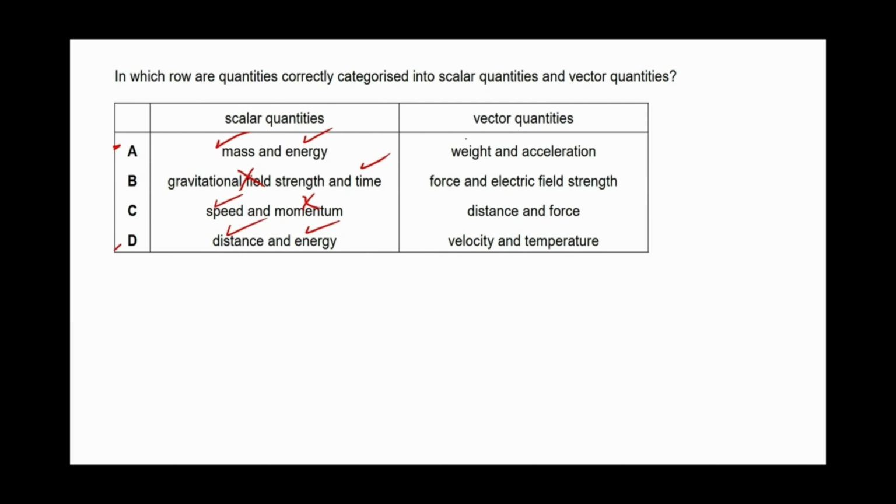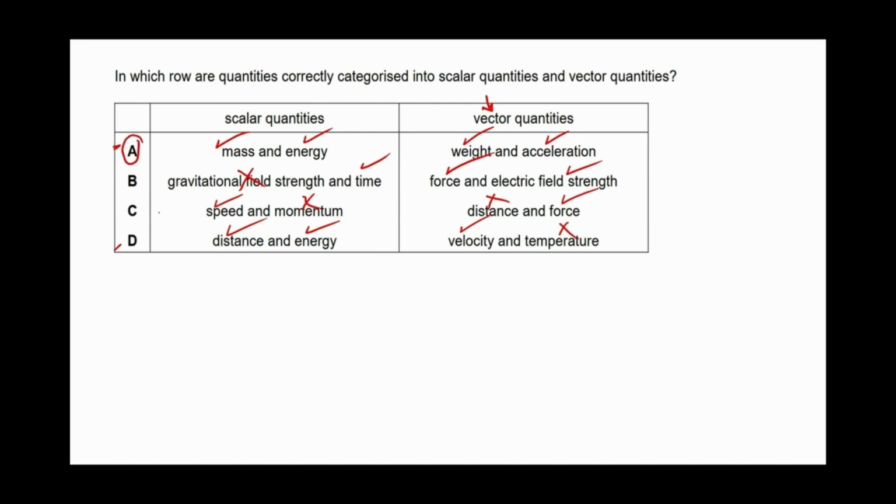Weight and acceleration, yes. Yes, they are vector quantities. Force, yes. Field strength, of course. Distance, no. Force, yes. Velocity, yes. Temperature, no. Which one has correctly categorized quantities? Yes, it is A.